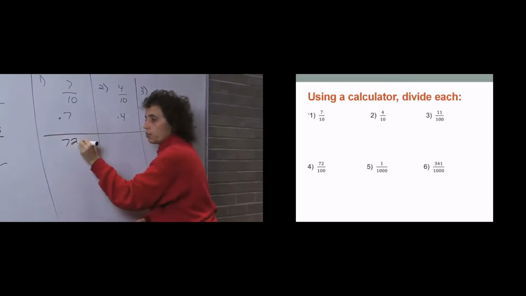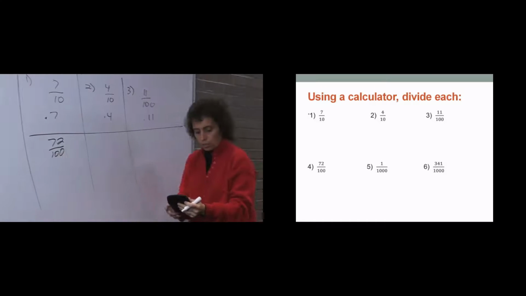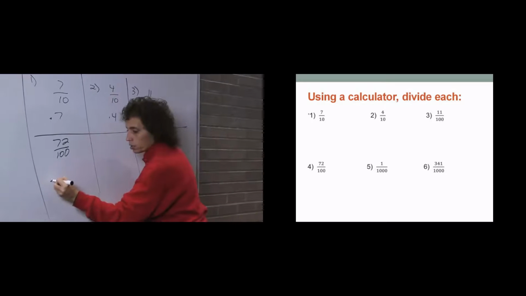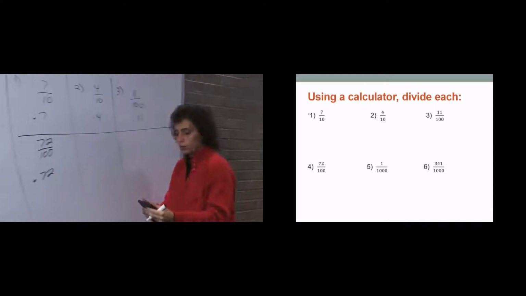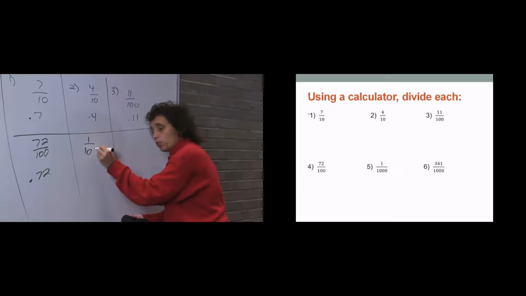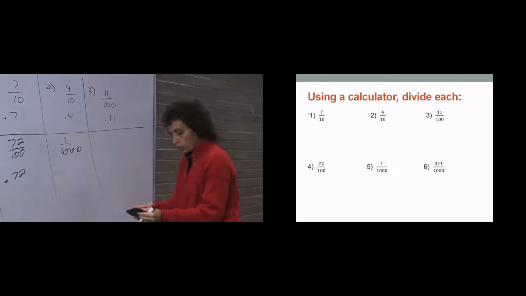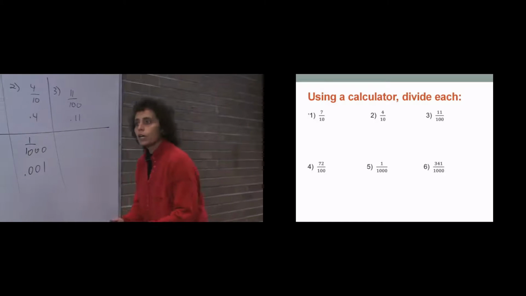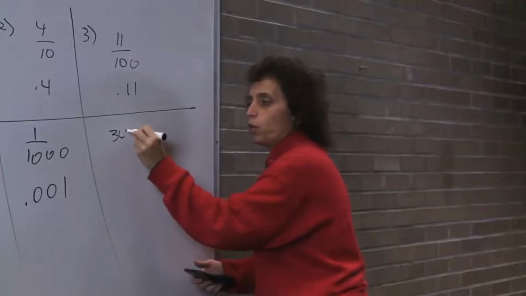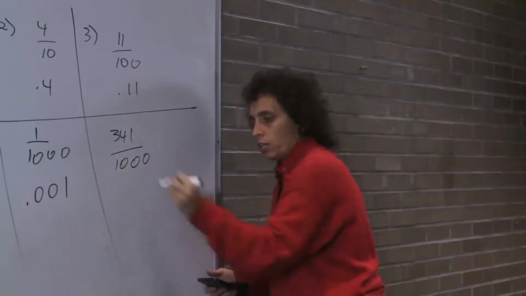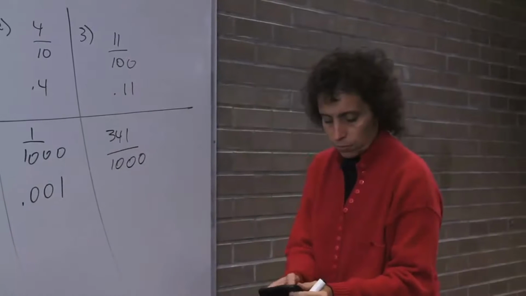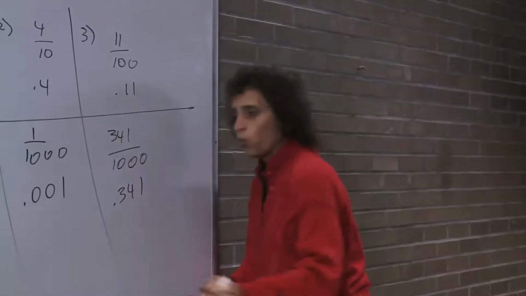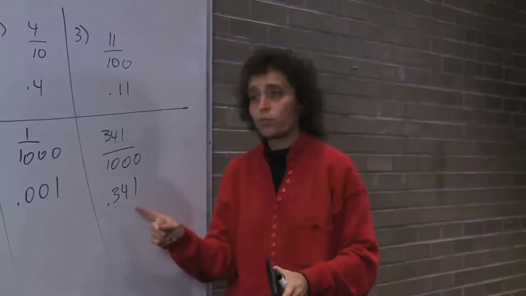Almost done. 72 divided by 100 is 0.72. 1 divided by 1,000 is 0.001. And the last one, 341 divided by 1,000 is 0.341. Let's talk about why this might be.